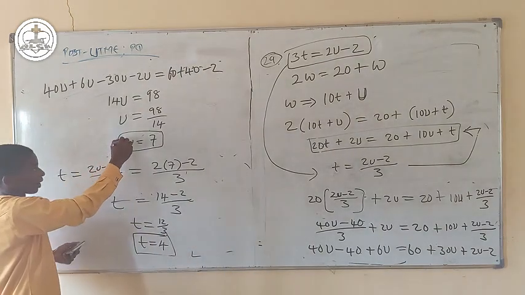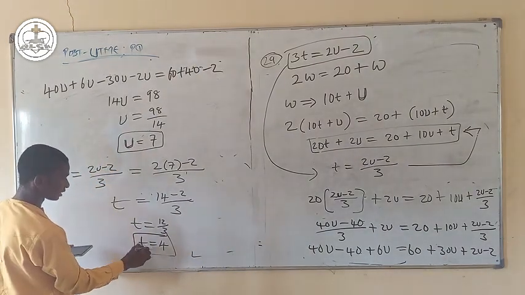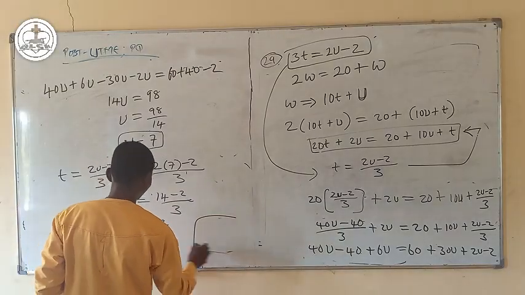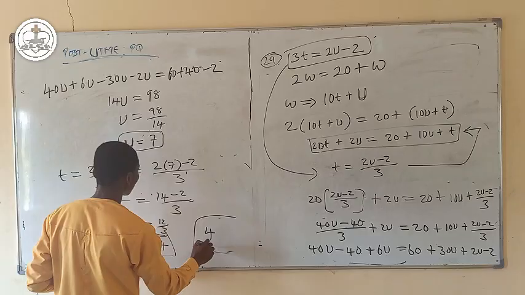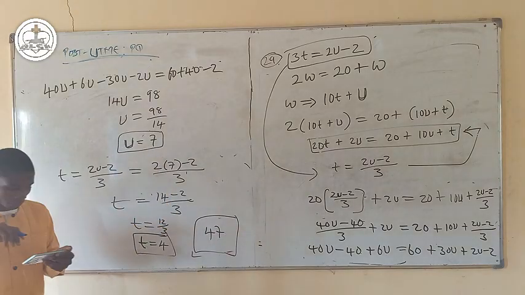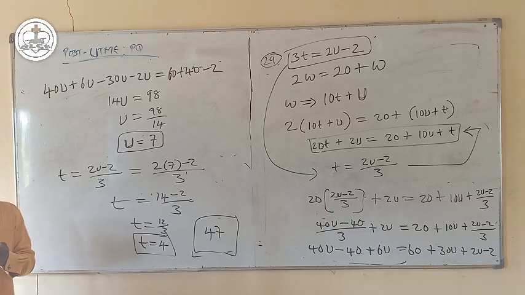So now we have gotten our units digit and our tens digit. Combining them, the tens digit is 4, and the units digit is 7. So our final answer is 47, the two-digit number, which is the tens and the units.